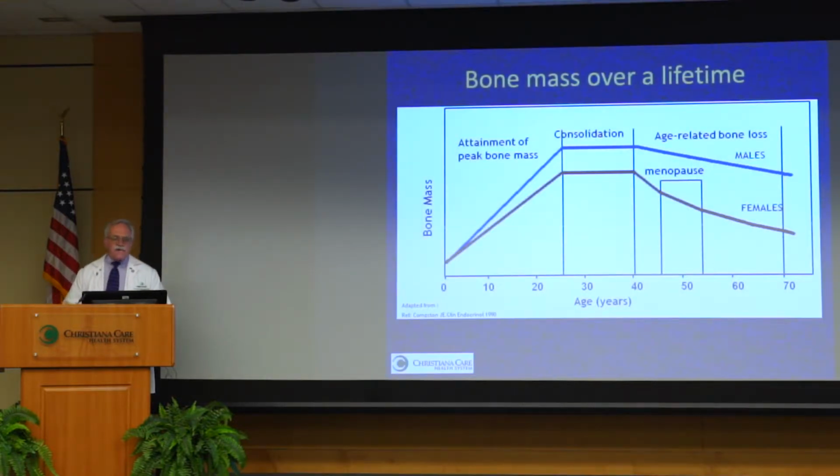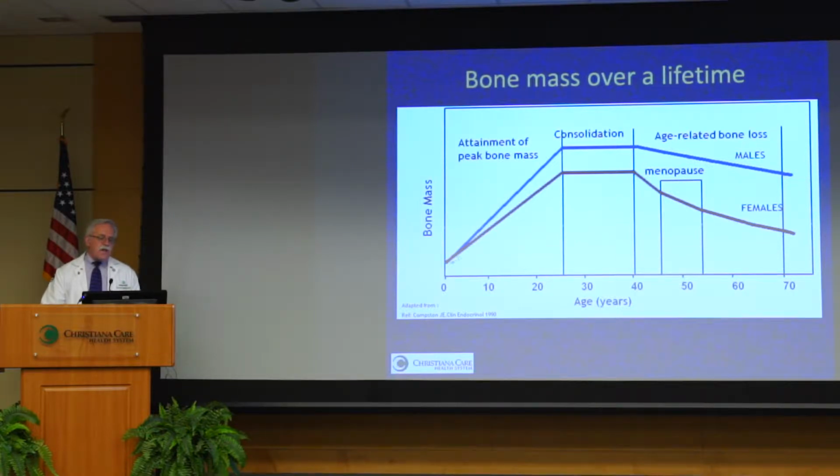So over the course of a lifetime, this graph shows bone mass over the course of a lifetime, and you can see that from birth, both men and women. Women are shown here in red, men are shown in blue, and up until about age 25, you're still building bone. Then between about 25 and about 40 or so, things sort of stabilize, they plateau, and then both men and women start to lose bone mass.